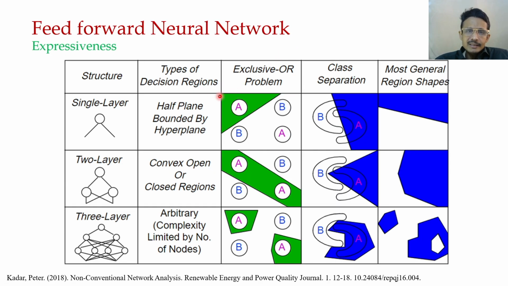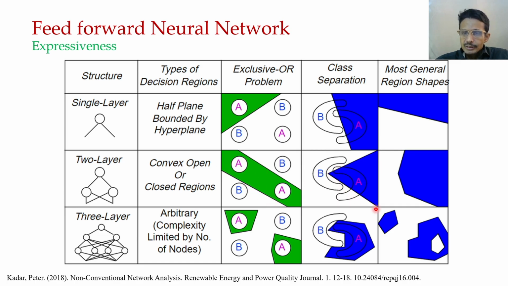Here is a diagrammatic viewpoint, a very well-known slide taken from this source. With a single hidden layer, you can see just a straight line, a half plane bounded by a hyperplane. Here also, with groupings, we can only get this kind of region separator. With two layers, we can go for this, as we know very well from the XOR problem.